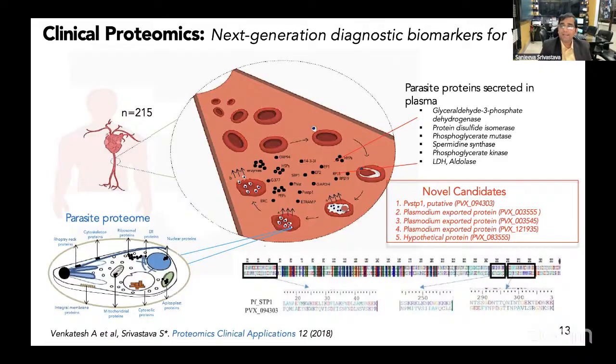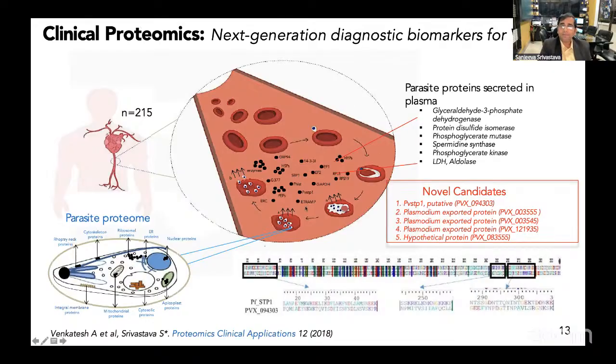If we can do that, these will be good candidates for different types of RDT kits. With this intention, one of my PhD students at that time, Apurva Venkatesh, looked at these patient plasma samples. We did both parasite proteome and host proteome analysis using LC-MS based approaches.